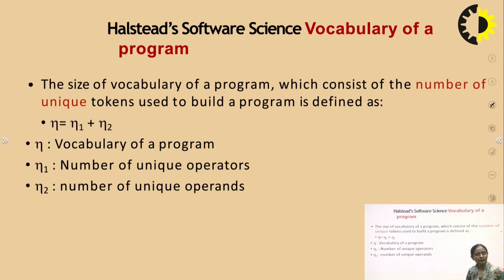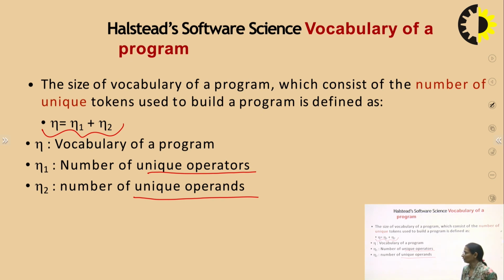Now, the thing comes, vocabulary of a program. When we need to find the vocabulary of a program, this is the formula: eta is equal to eta 1 plus eta 2. Now, what is eta? It is the vocabulary of a program. Eta 1 is the number of unique operators, and eta 2 is the number of unique operands, because operators might be appearing at multiple places.